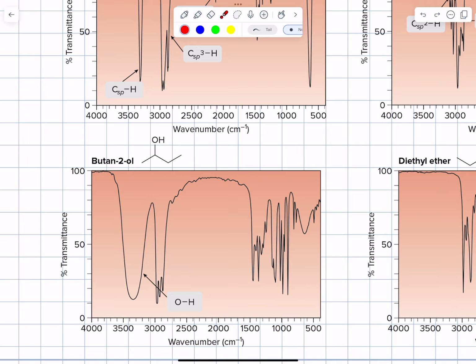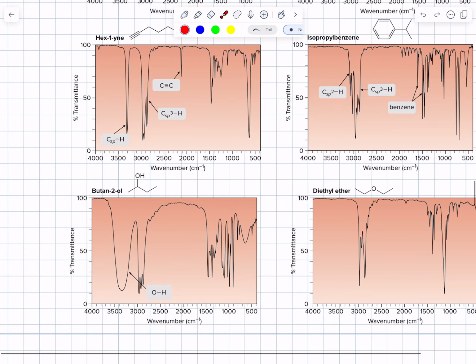OH, you can't miss it. You have to be trying hard not to see the presence of an OH group because it has this large, strong, deep, and broad peak corresponding to OH stretching. So look for that. It's easy to see, and it narrows the possibilities quite a bit.